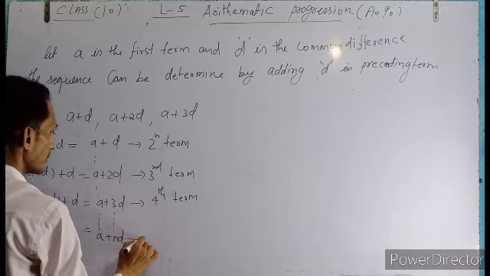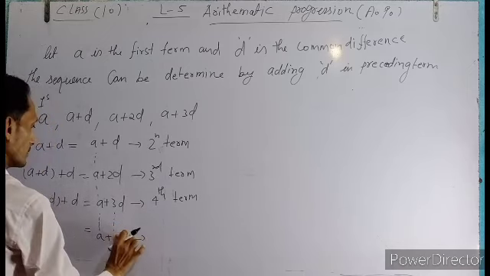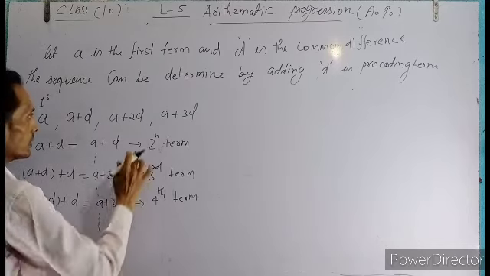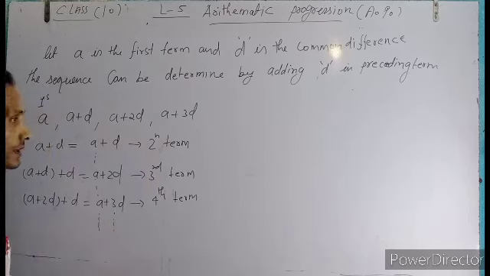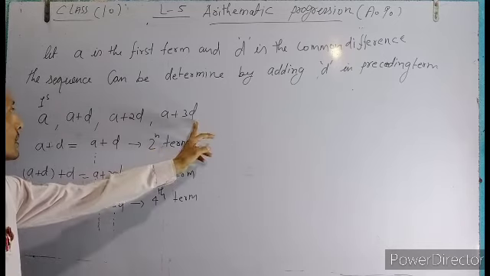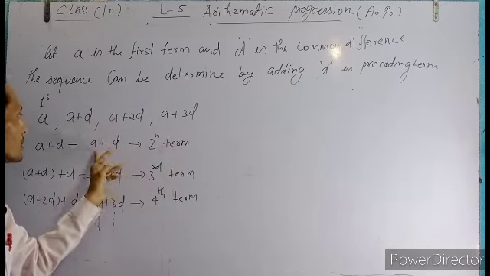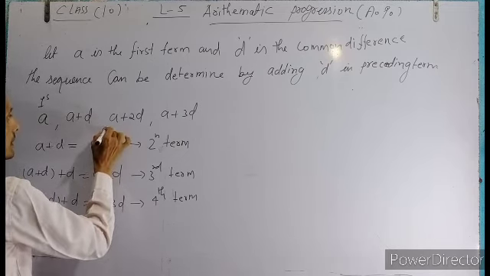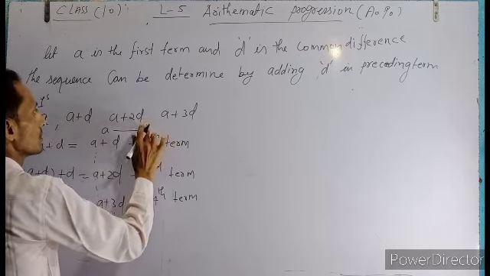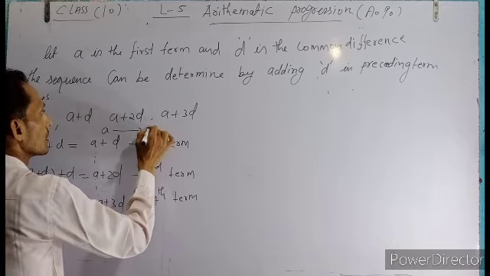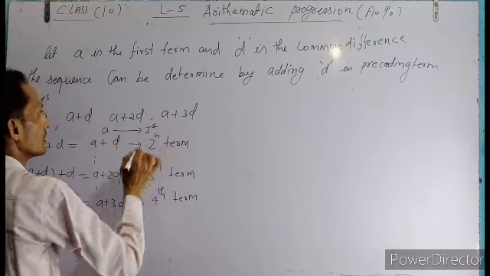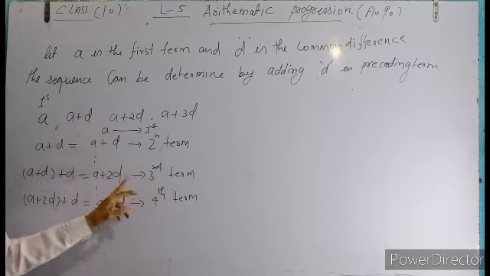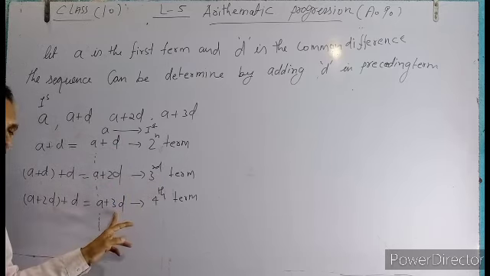The fourth term is A plus 3D, the second term is A plus D, and the first term is A. If we add D, we get the second term; the third term has 2D, the fourth term has 3D.